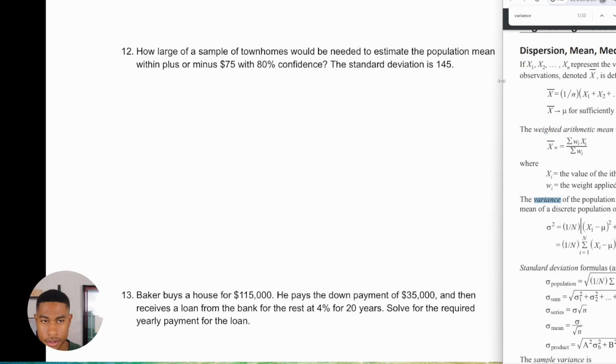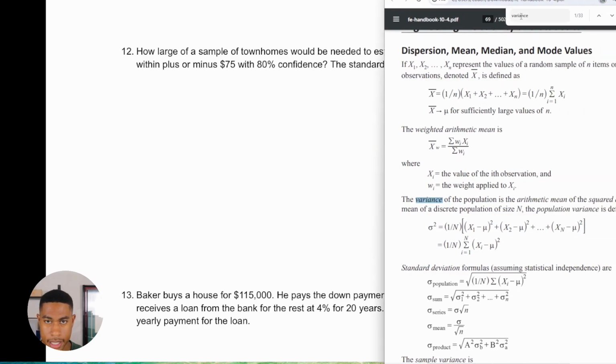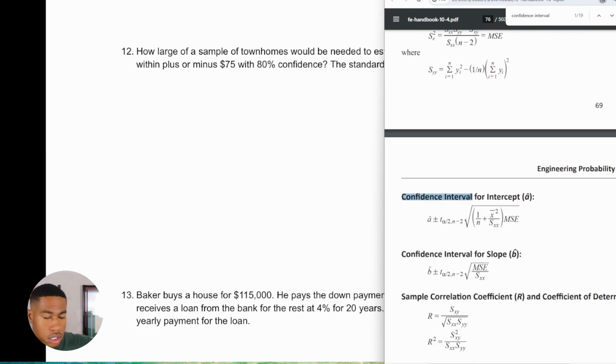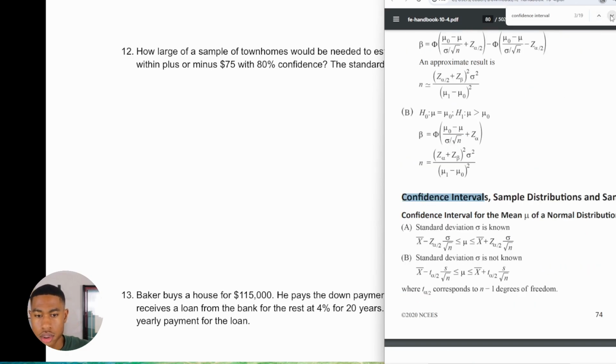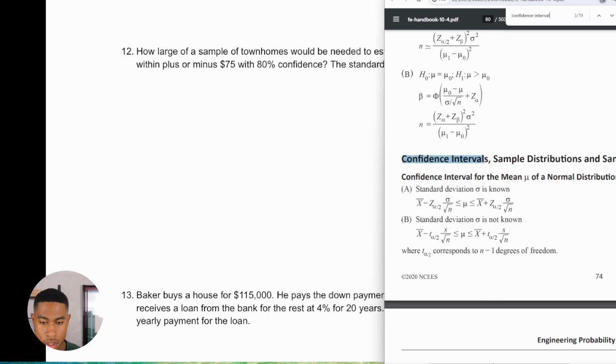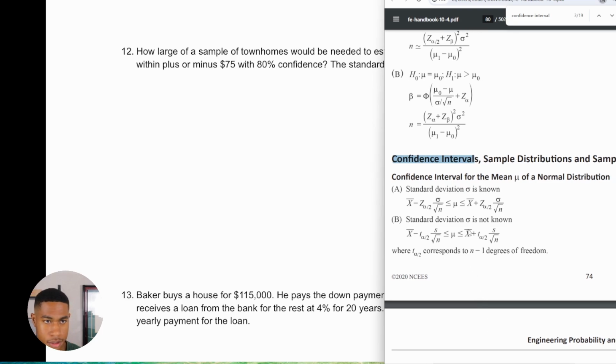So for this type of problem, 80% confidence lets me know that this is a confidence interval type problem, and we know our standard deviation. So in the handbook, it goes over some confidence intervals with a known standard deviation, right?